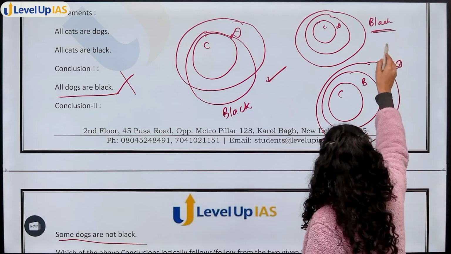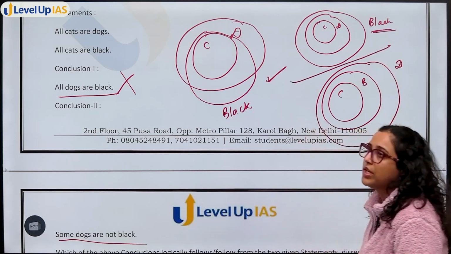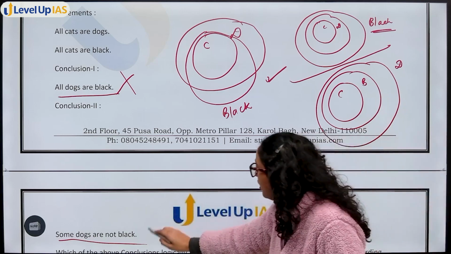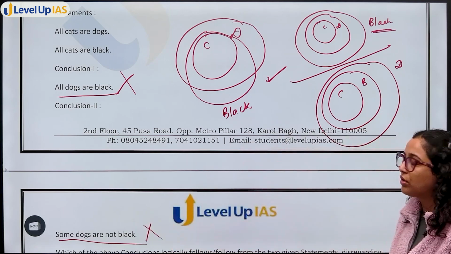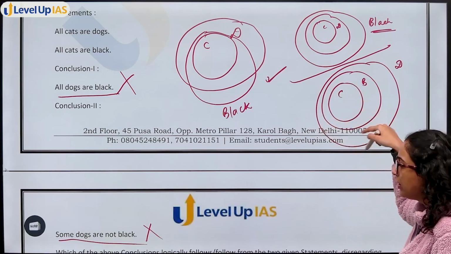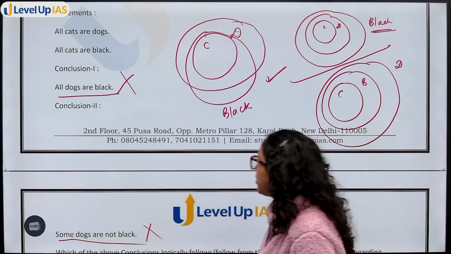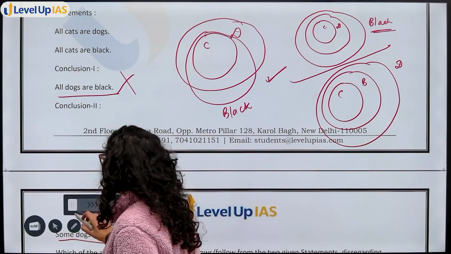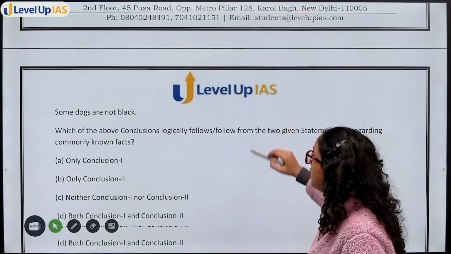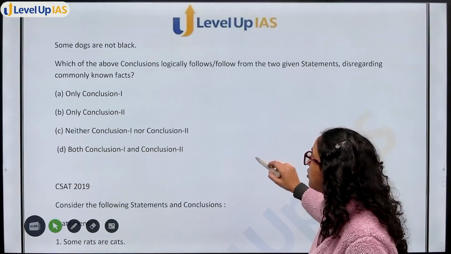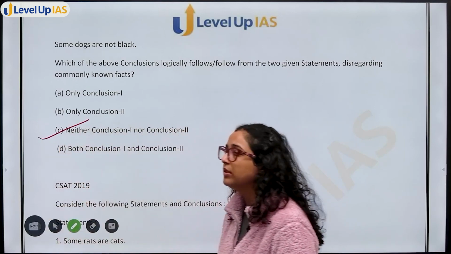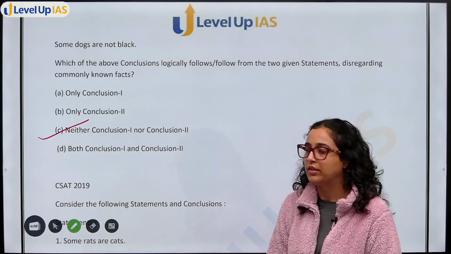In this statement, you can say that conclusion 2 is also not true, because here all the dogs are black. So which of the conclusions follows? None. So neither conclusion 1 nor conclusion 2, option C will be your answer.